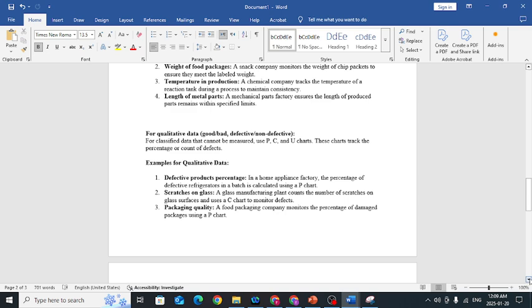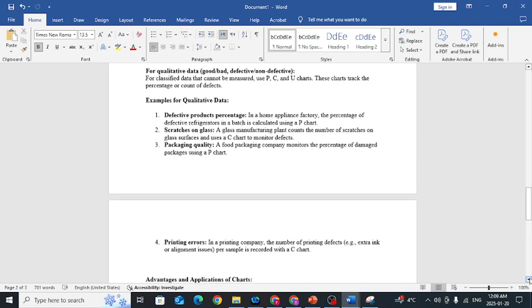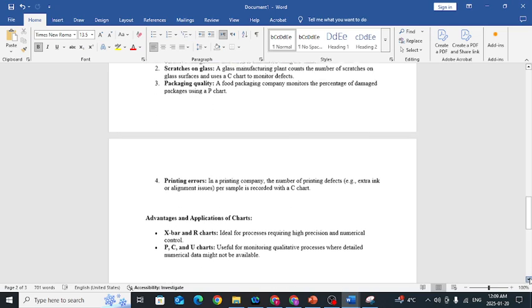And the third one, for example, is packaging quality. Imagine that a food packaging company monitors the percentage of damaged packages using a P chart. And printing error.